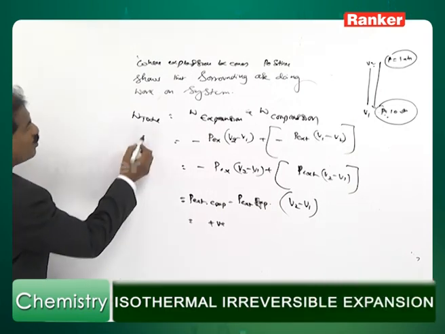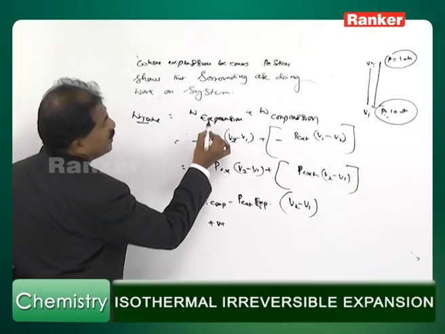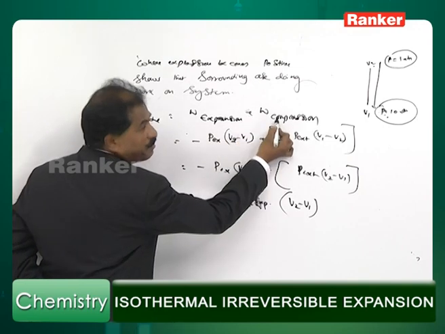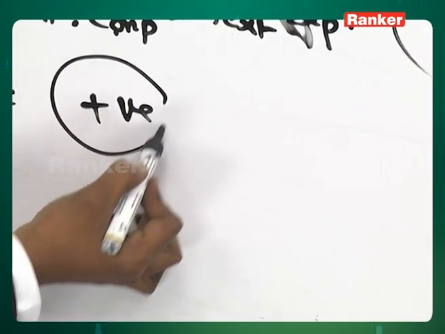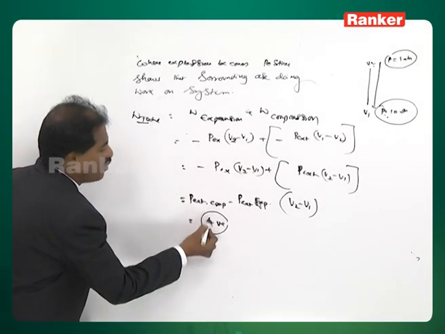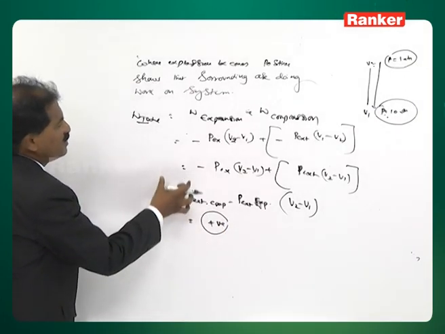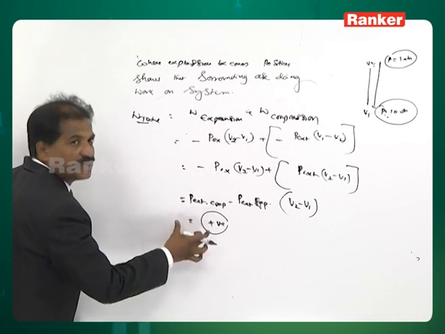That means when the total work is calculated by summing the expansion work and compression work, we didn't get zero. We got a positive. Whether you get positive or negative, that process is not described as a perfect cyclic process.